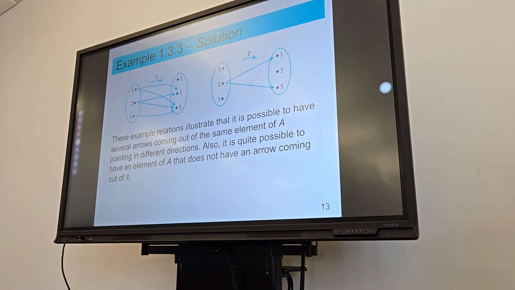A simple way to graphically represent relations between two sets, for those people who like visual learning or think about things visually.